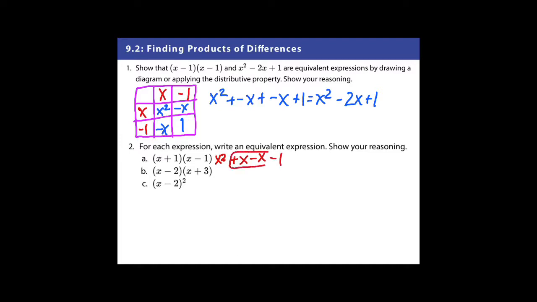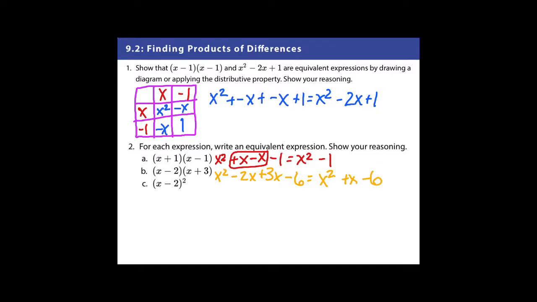These two cancel out right here, which gives us x squared minus 1. And then for B, we will get x squared minus 2x plus 3x minus 6, which equals x squared plus x minus 6.